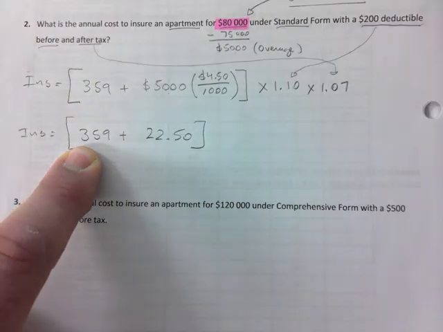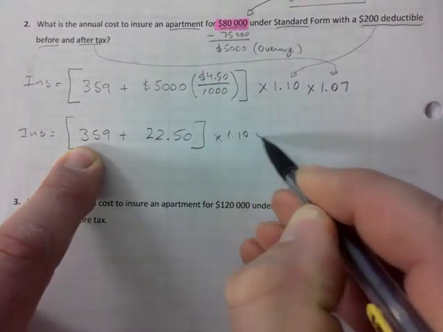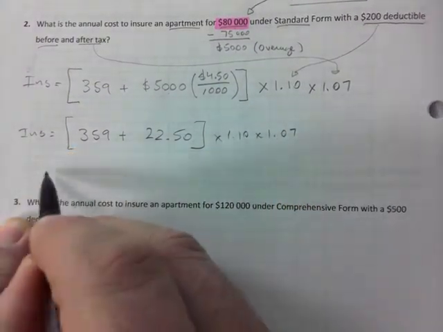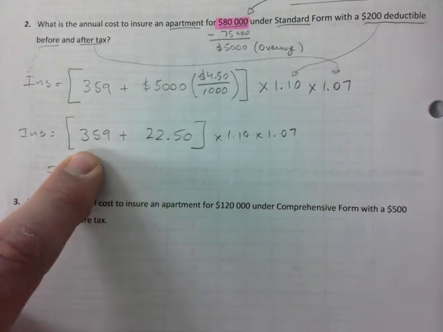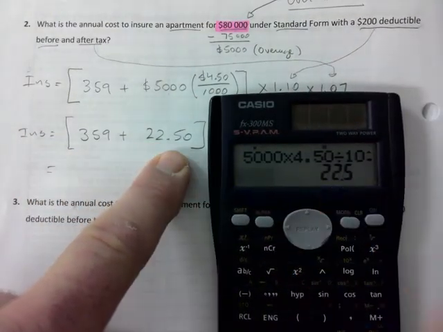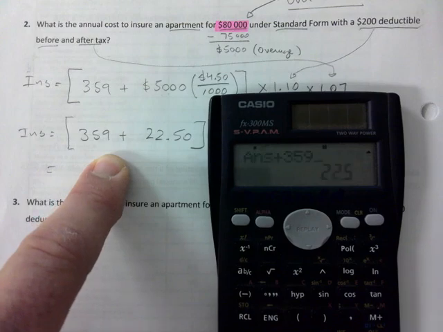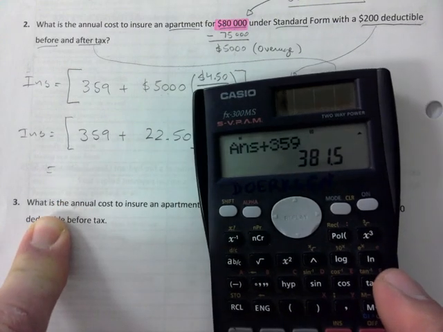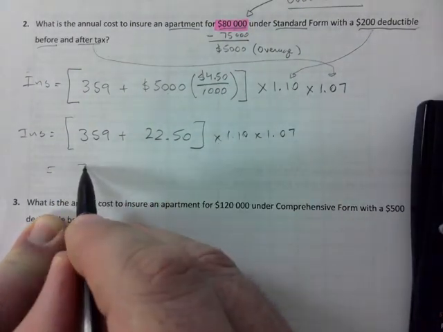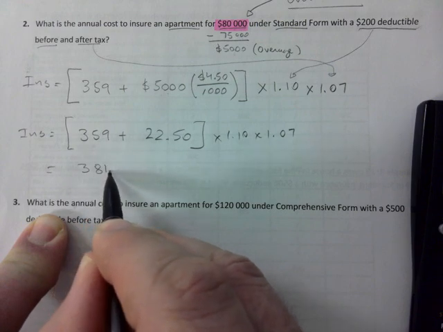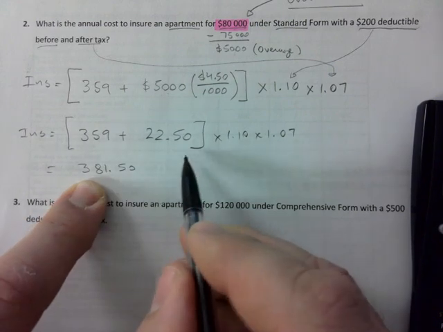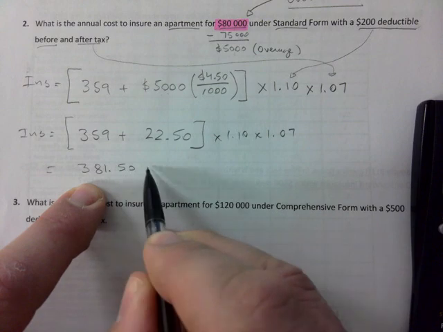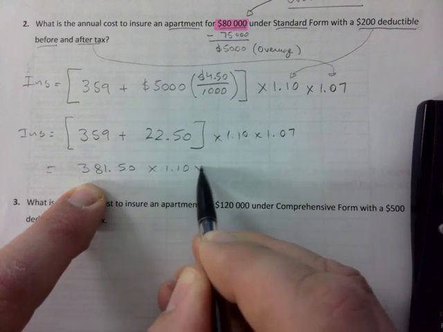Okay, and then of course this follows you. And now we're going to add this up. So I just leave that on my calculator, the $22.50. I'm just going to go plus 359. It's $381.50. So technically, this just boils down to that. And then we're going to do this part.